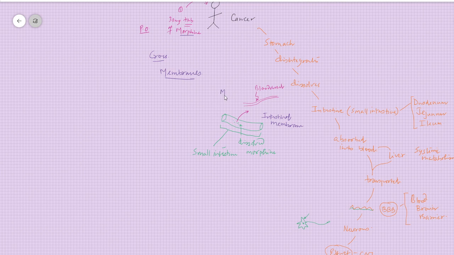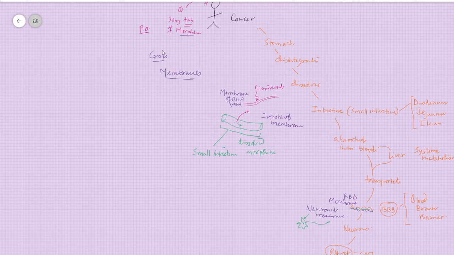There is the membrane of the blood vessel, and then there is the membrane of the blood-brain barrier. So there is another membrane which makes up the BBB, blood-brain barrier. Then we've got the neuronal membranes. Then it crosses this membrane, and then it has got an effect.